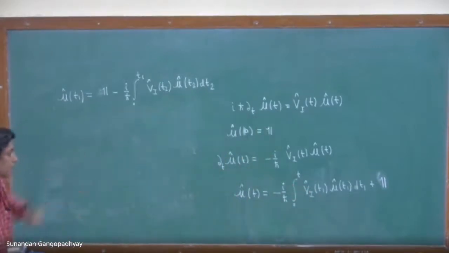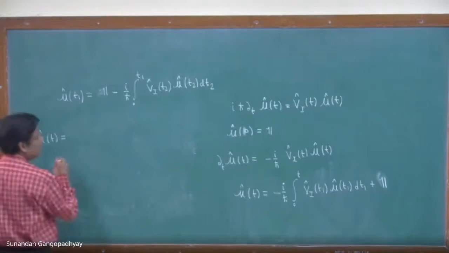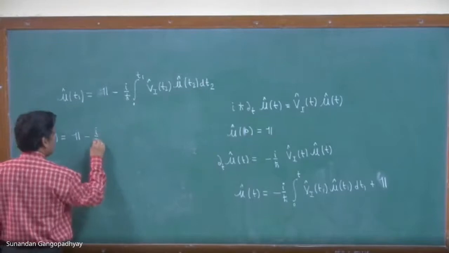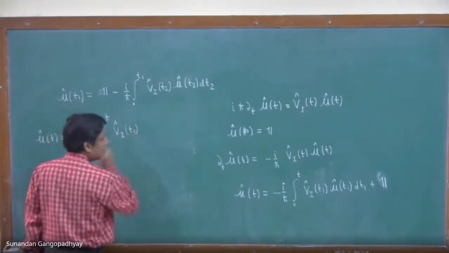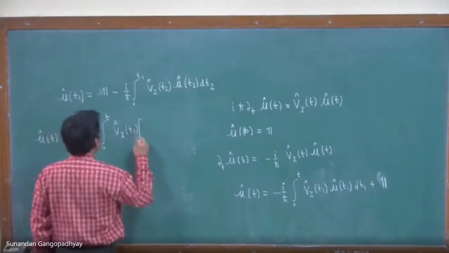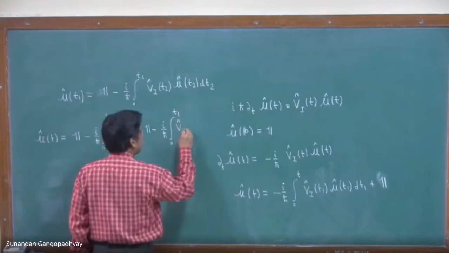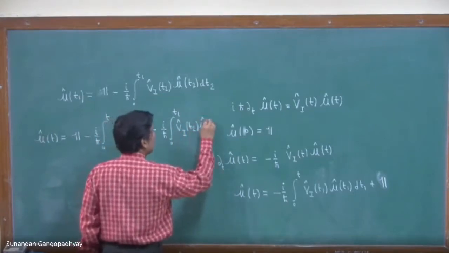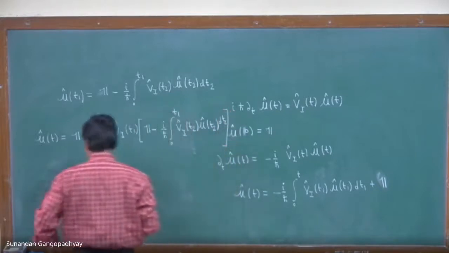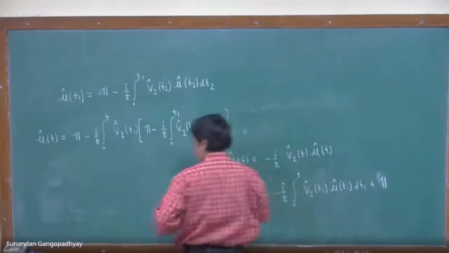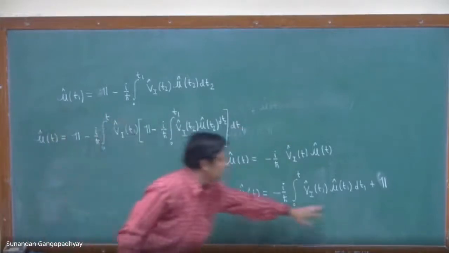So we shall substitute it there, and then we shall get u hat t equal to the identity minus i by h bar integral 0 to t v hat I t1 times the identity minus i by h bar integral 0 to t1 v hat I t2 u hat t2. So we have substituted u hat t1 here and obtained this expression.